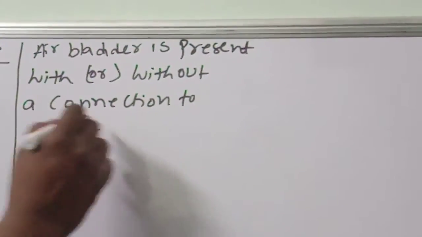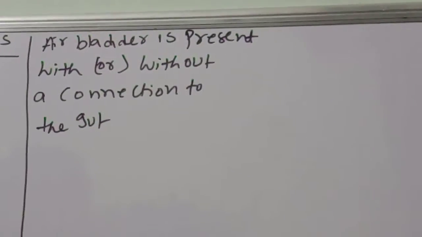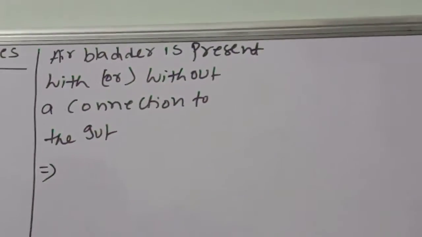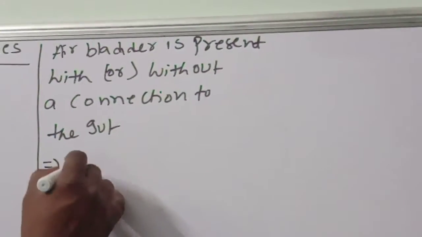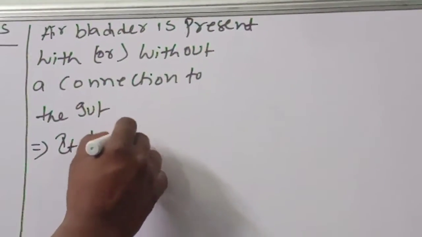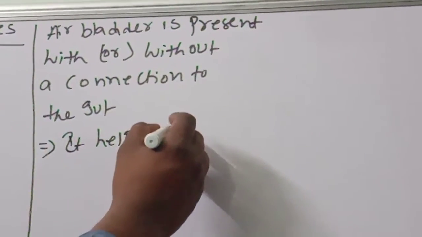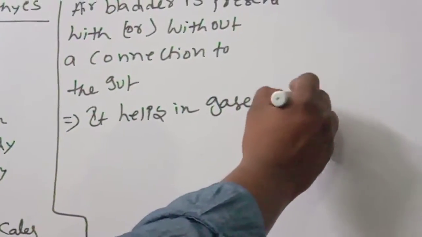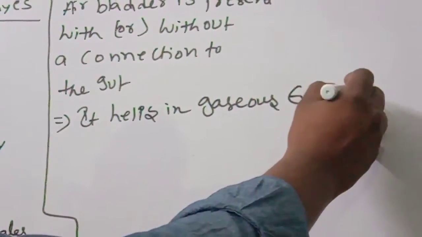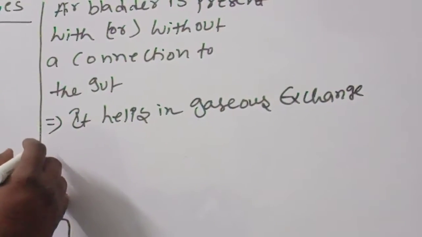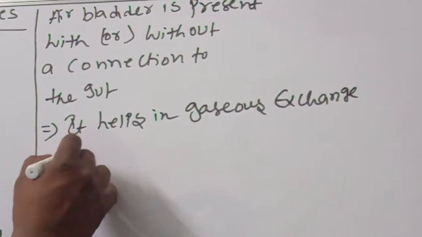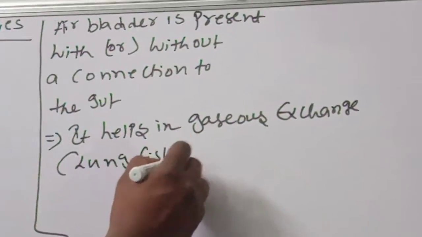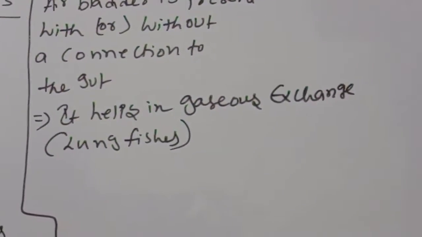The air bladder is very important. It helps in gaseous exchange, for example in lung fishes. You should remember this point.